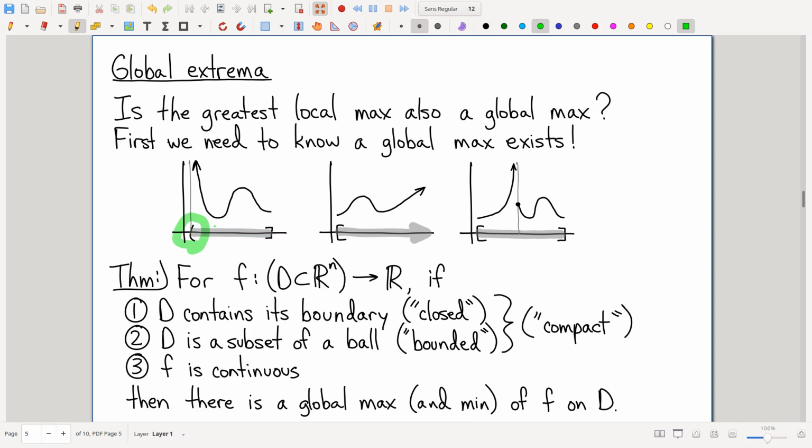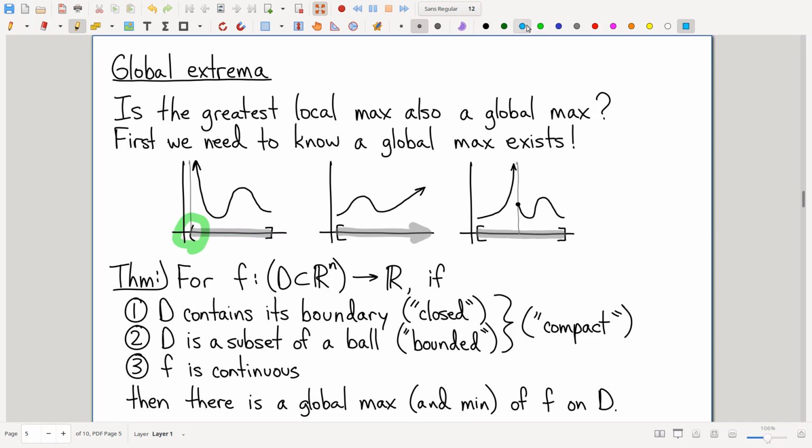This is single variable, of course. If you have an open left endpoint, the function can just get continually bigger and bigger as you approach that endpoint. There is no maximum to be found. So process of elimination can't find it because it doesn't exist. Right? So you got to watch out for that.